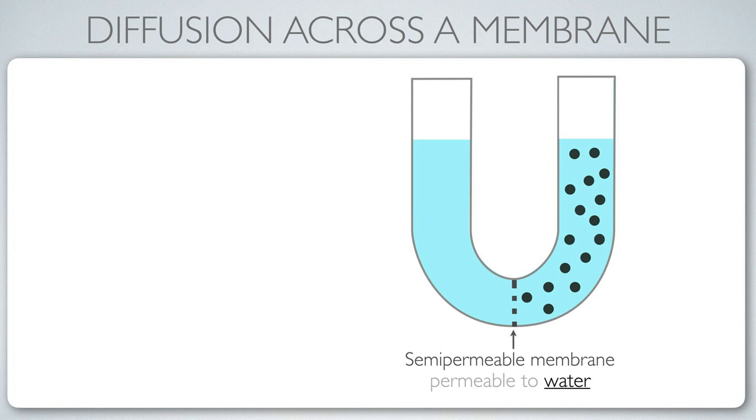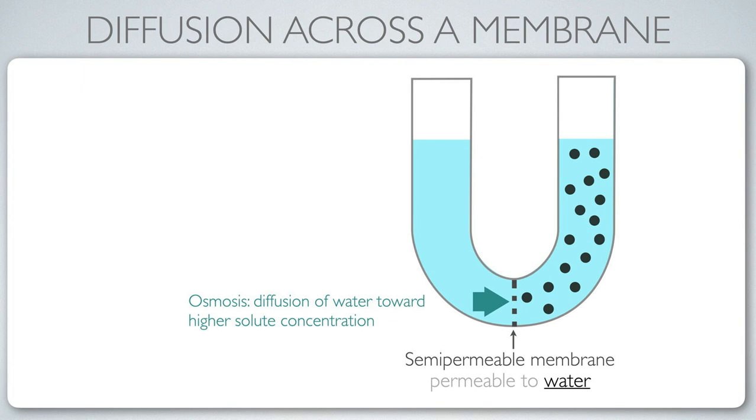Now, osmosis and the osmotic pressure is going to cause water to move towards the side of the tube that has higher concentration of the solute. So osmosis favors diffusion of water towards higher solute concentration.